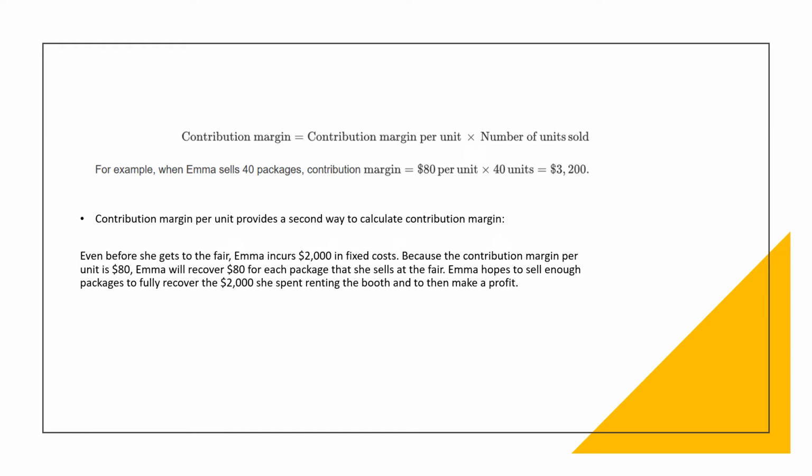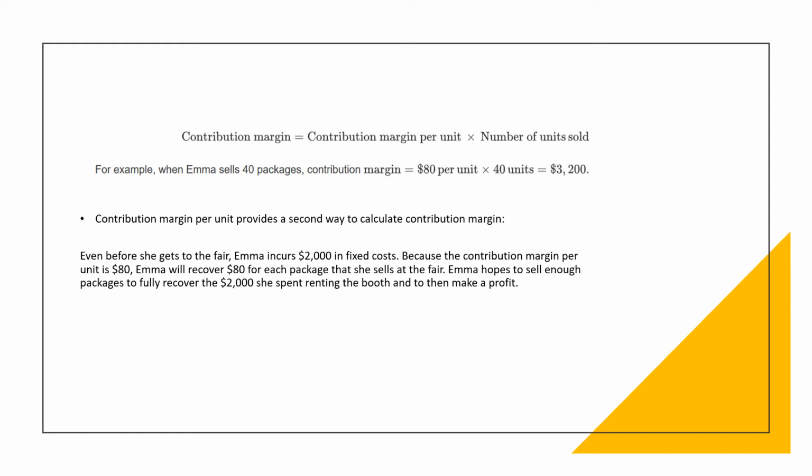Let's take a look at this equation real quick. Contribution margin equals contribution margin per unit times number of units sold. That's how you get contribution margin. For this example, when Emma sells 40 packages, her contribution margin is $80 per unit times 40 units, which gives her 3,200.